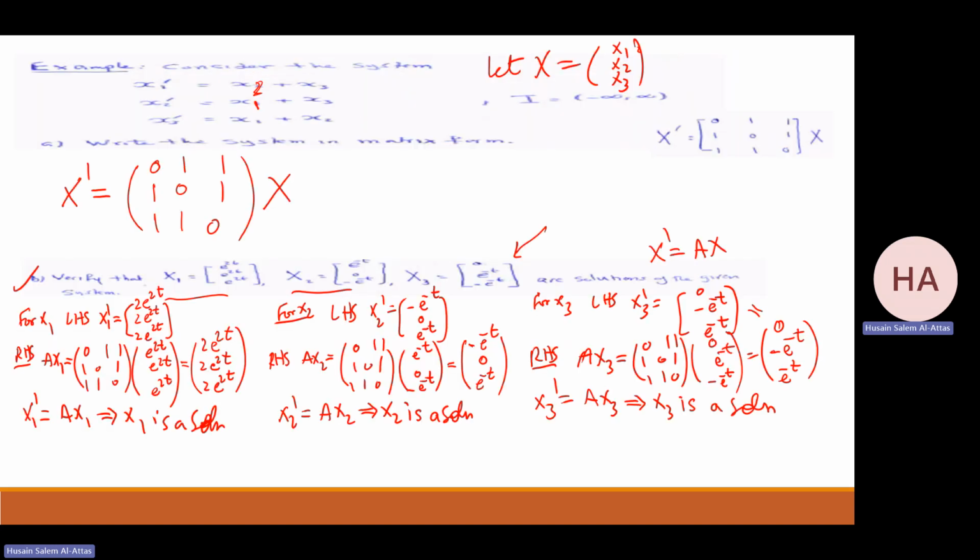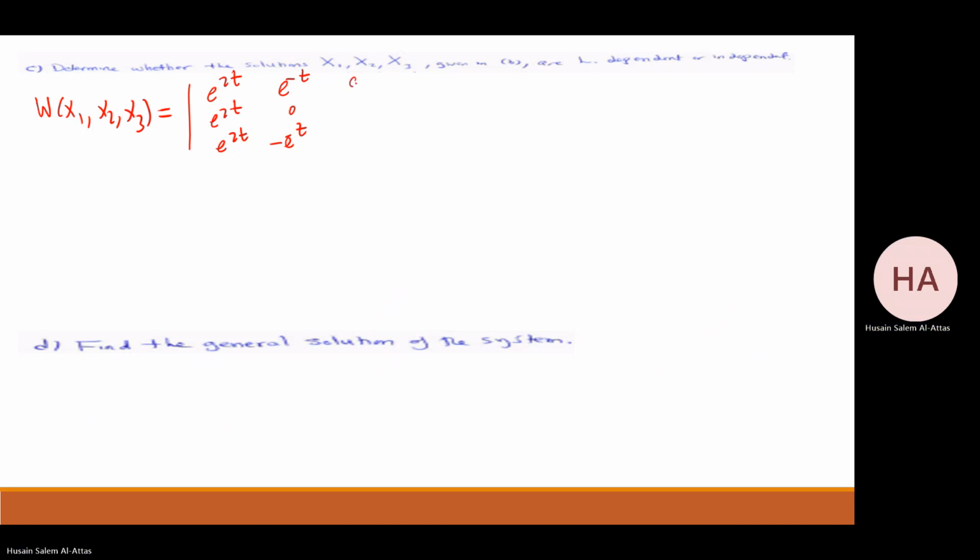What is the last one? 0 is minus T. Minus E is minus T. I can take e to the power 2t, e to the power minus t, e to the power minus t outside, which is 1. This is 1. That will be 1, 1, 0, 1, 0, 1, 1, minus 1, minus 1. Okay. So I have what?